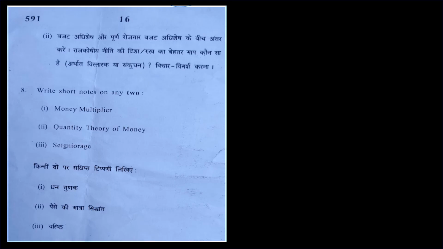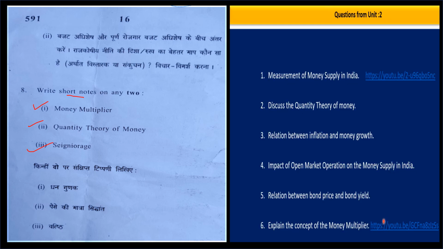Question number 8 is a short note on money multiplier, quantity theory of money and seigniorage. If you compare it with my sample question in unit 2, you will find that I gave the quantity theory of money, a very important topic for your preparation, and it came in the exam. Then in question number 6, I asked you to learn the concept of money multiplier.